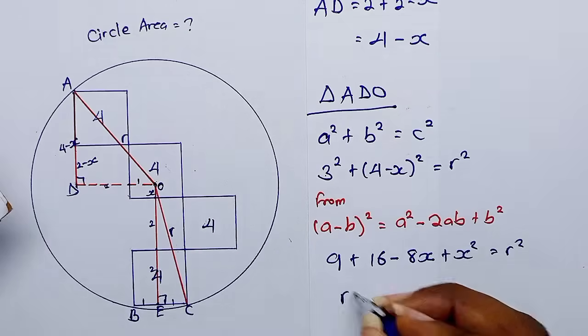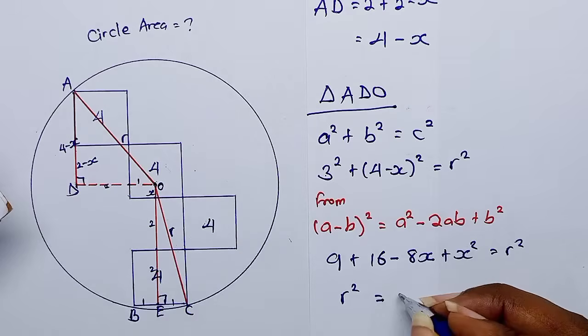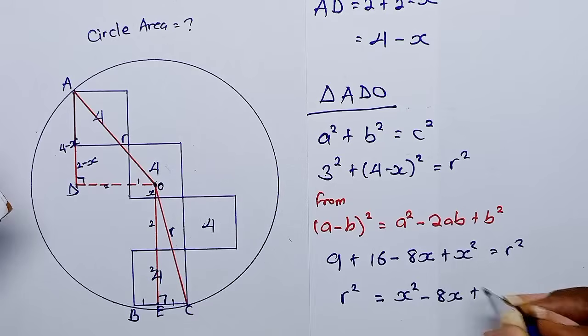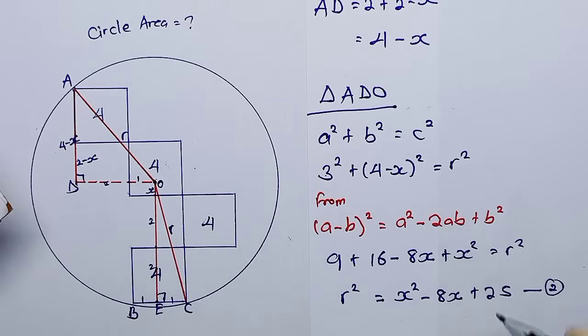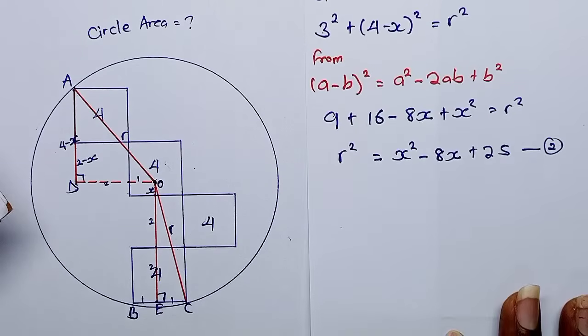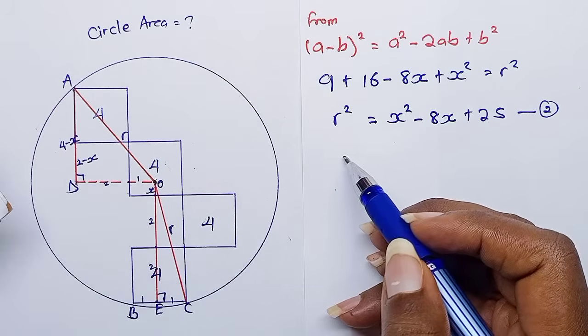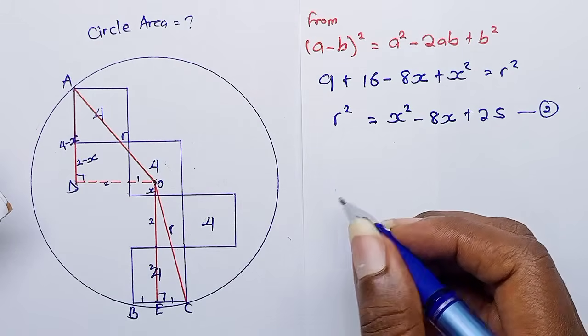Making r squared the subject, we shall have x squared minus 8x plus, so 9 plus 16 is 25. So let this be our equation 2. So now we're going to compare equation 1 and equation 2, since both of them are equations of r squared. Okay?